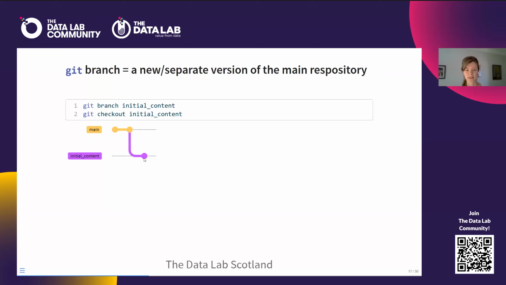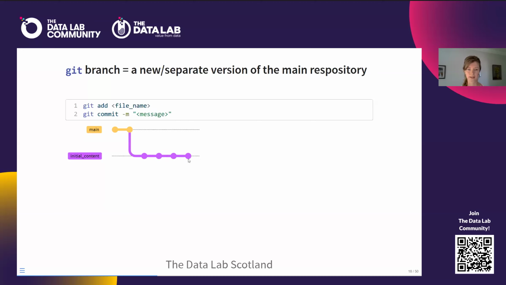This is just a copy of what was in your repository at this point in the main branch, and now we can work with that copy and make our changes to the code.